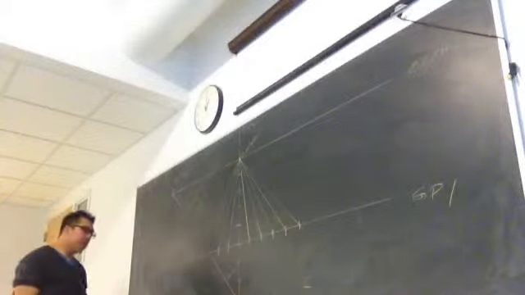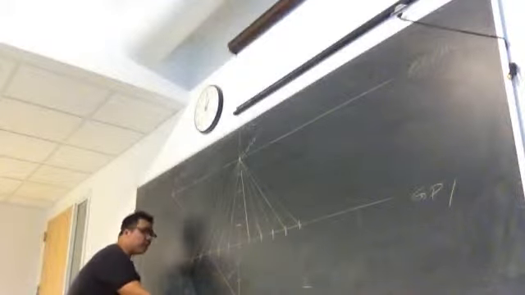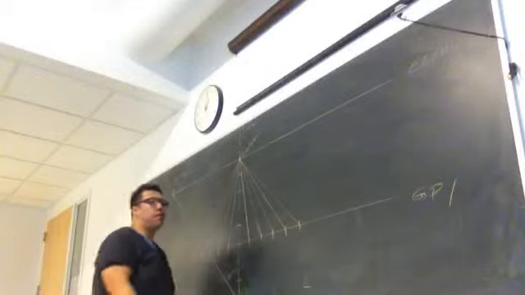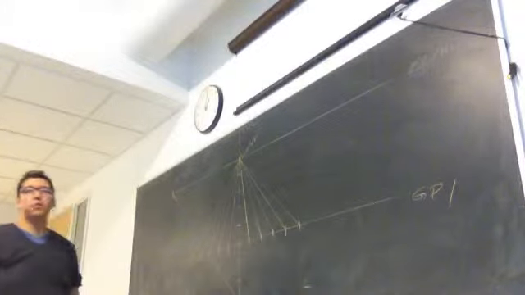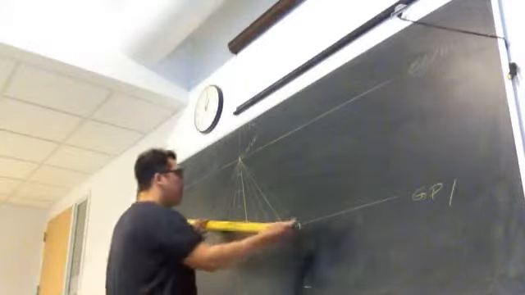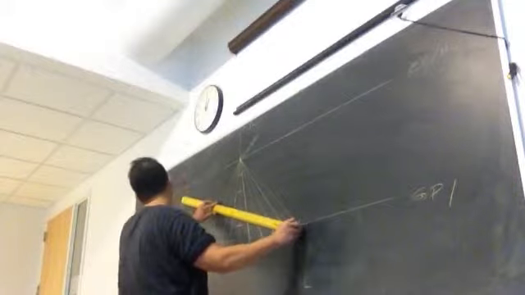Alright, so next step. What I want you guys to do is to go from the opposite corner, the furthest corner opposite of the 45-degree measuring point, and connect a line to that 45-degree measuring point.